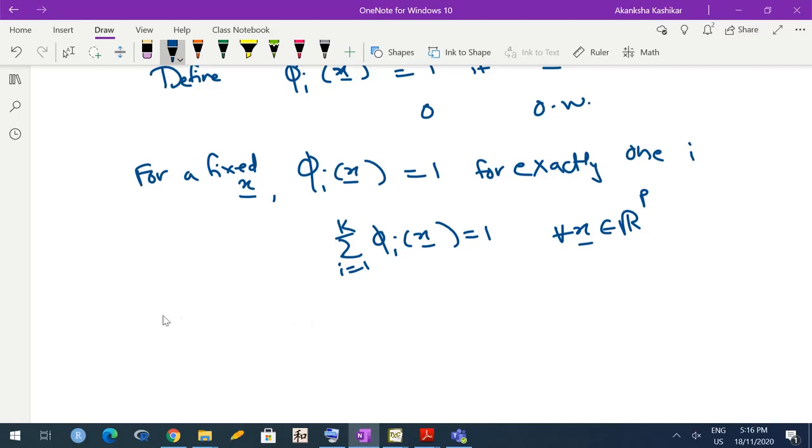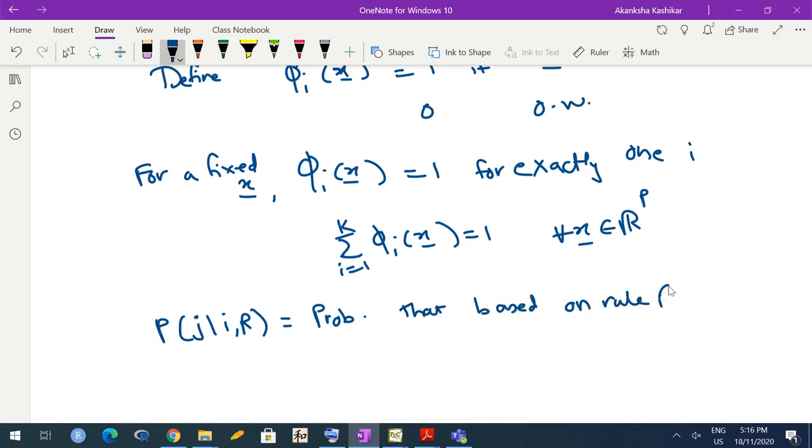Now, let us define P(j | i, R). This is a conditional probability. So what is this conditional probability? It is the probability that, based on rule R, meaning given this particular partition R1, R2, ..., Rk (there can be multiple possible partitions), X is assigned to Pj given that it is actually from Pi.